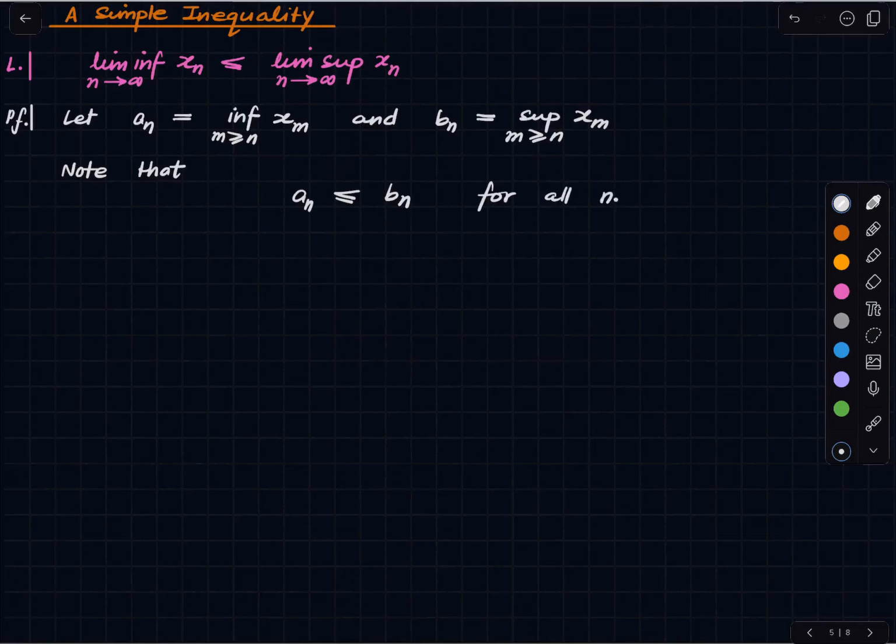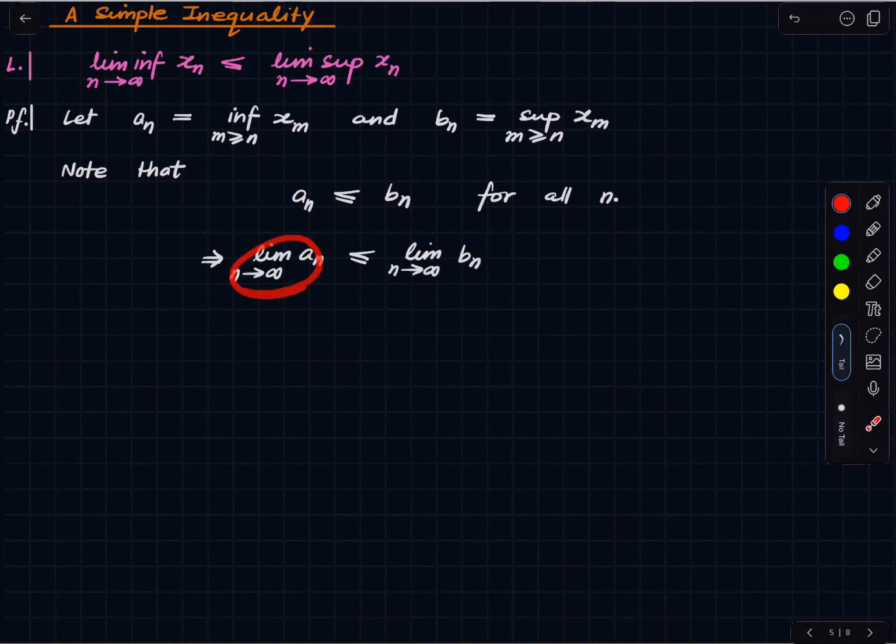And from here it just immediately follows that this is the case. Why? Because these things both make sense. If both of them were convergent sequences, then this was clear, but one may be tending to minus infinity, etc. So one has to just maybe make some cases, that's all.